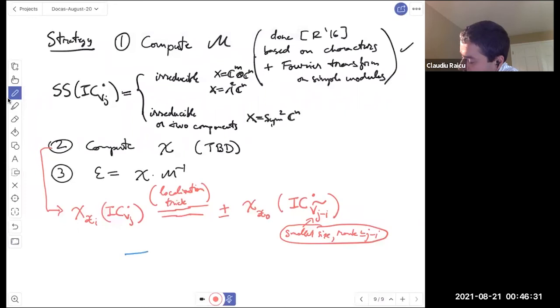when you have a C-star action on an affine space. You have this subvariety that's closed under the C-star action, and you want to compute the intersection cohomology stalk at 0. That's the same as the global intersection cohomology.